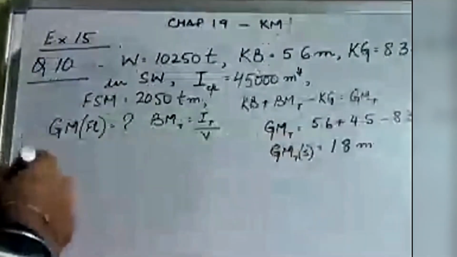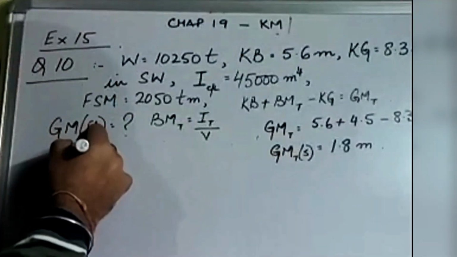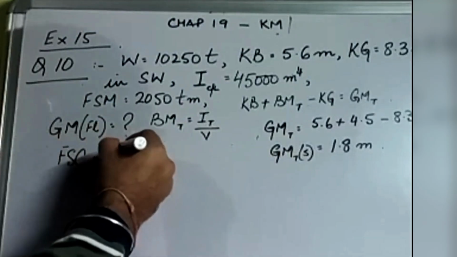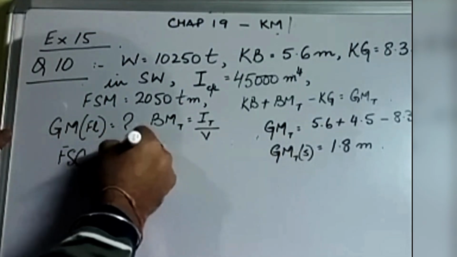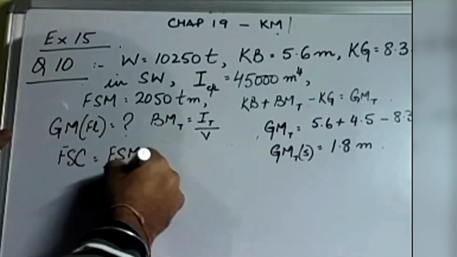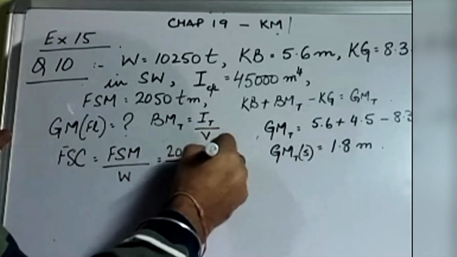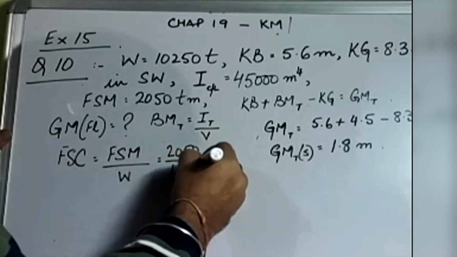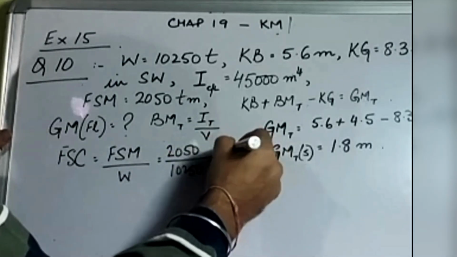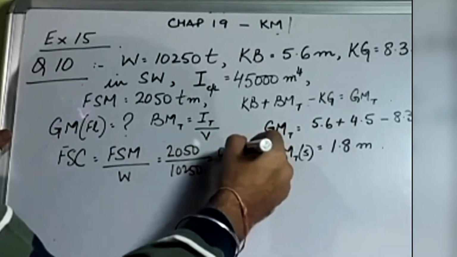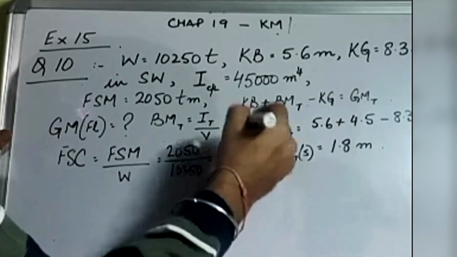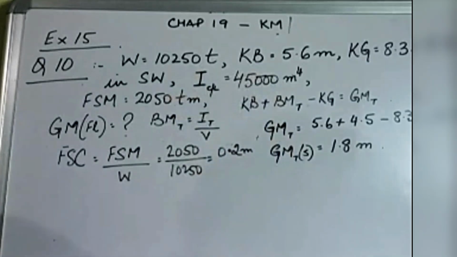FSC is FSM divided by W. 2050 divided by 10250. 0.2.